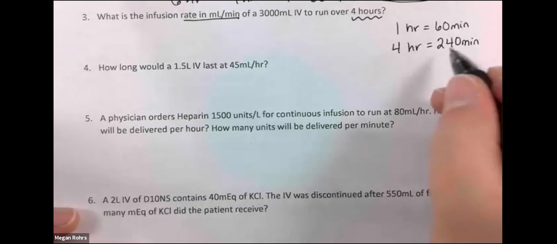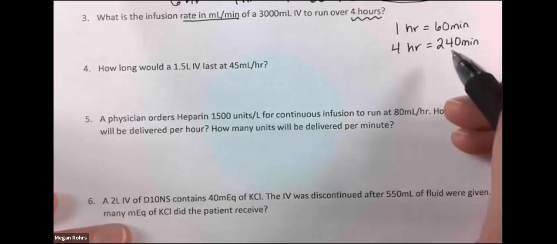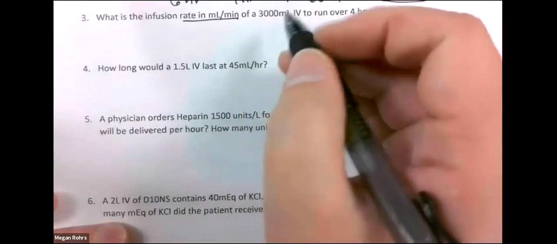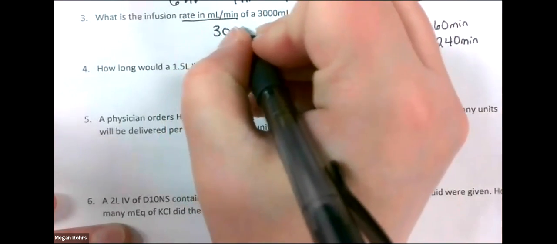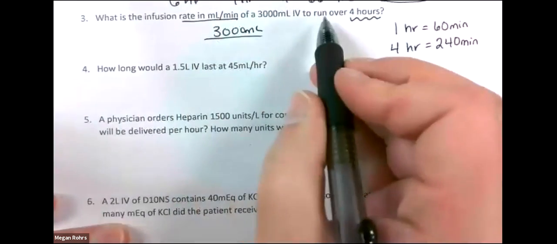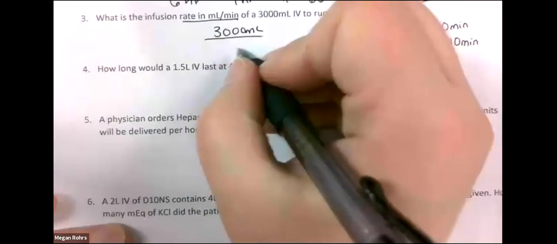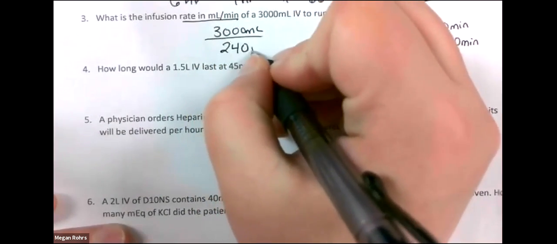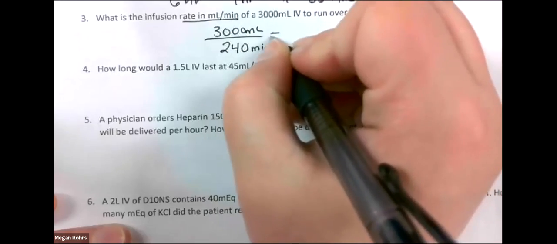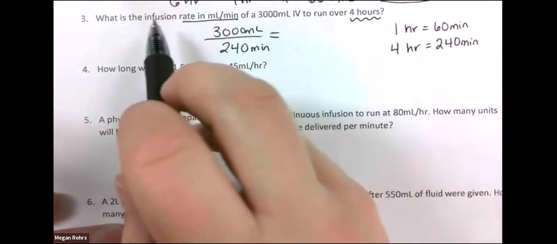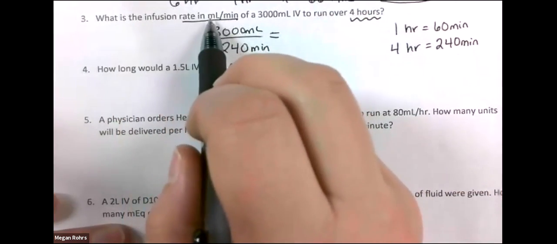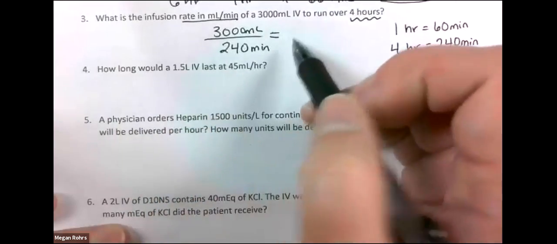So 4 hours, we can just take 60 times 4, which would give us 240 minutes. So now, once again, let's set this up with what we know. We know that 3,000 milliliters is running for 240 minutes. So now let's set that equal to how many milliliters are running per minute.